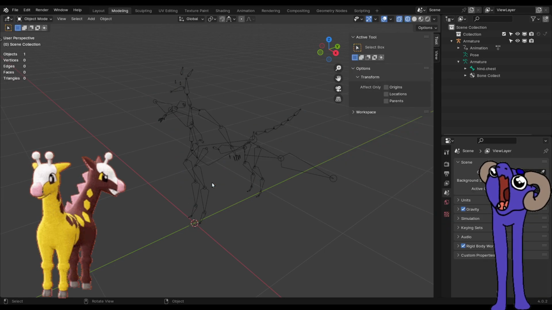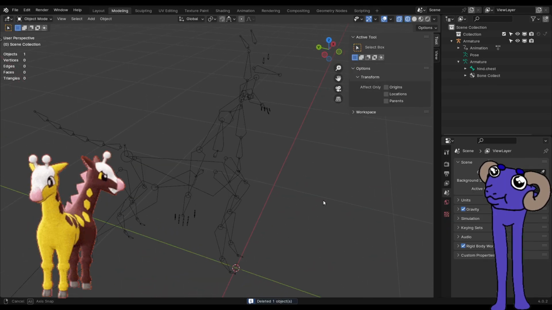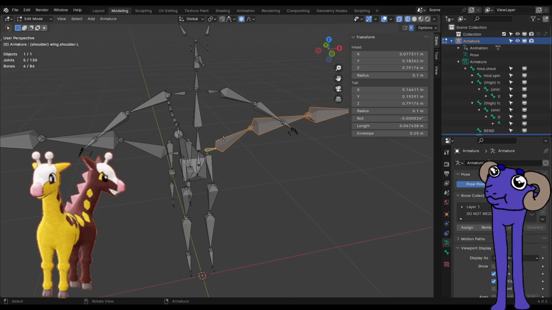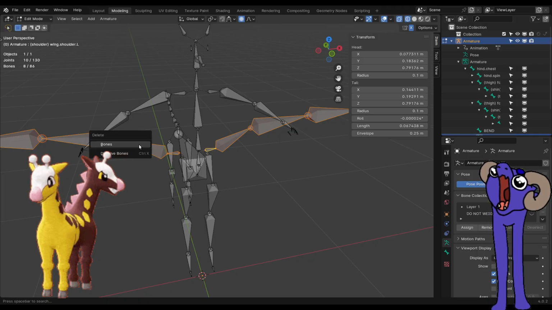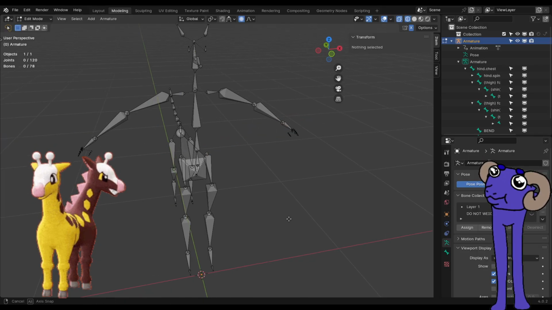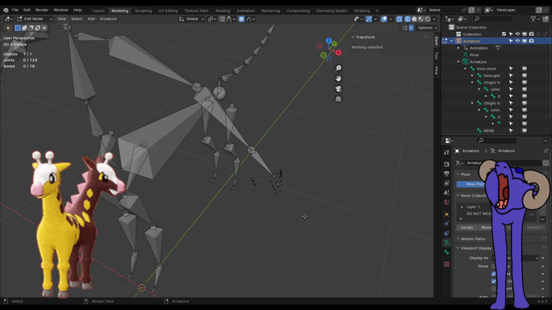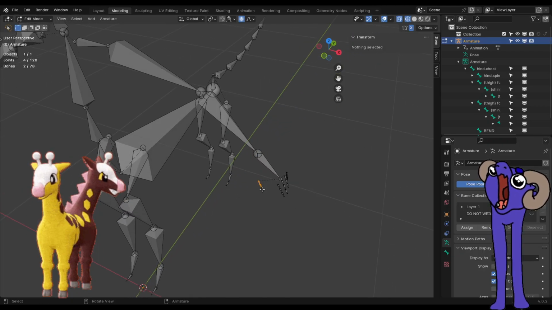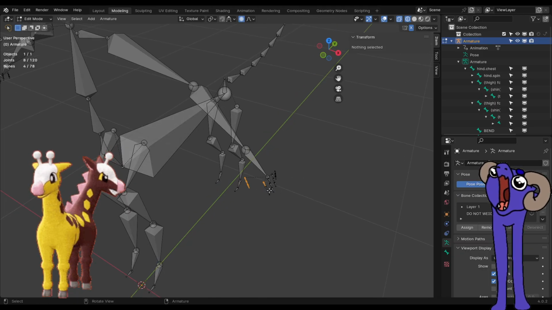Okay, so I don't need this body. I also don't need the wings. I might just get rid of the wings. I also don't need hands. So what I'm going to be doing basically is making a particle effect where the quote-unquote hands are.